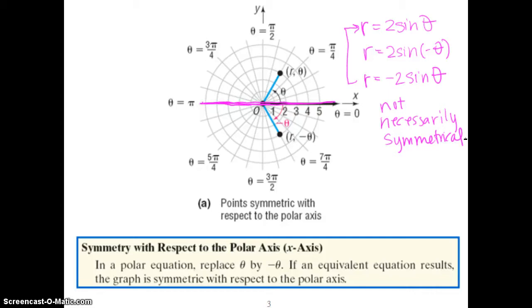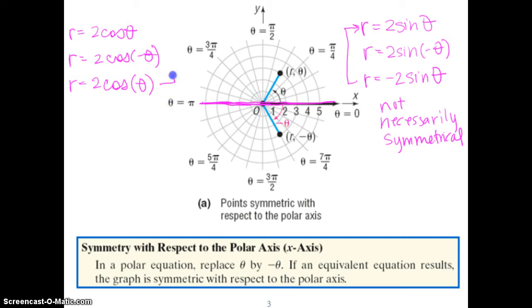Now, with that same idea in place, let's do r equals 2 cosine theta. If we do r equals 2 cosine theta, we see r equals 2 cosine negative theta. Because cosine is an even function, we know that the cosine of negative theta is the same thing as the cosine of positive theta. So essentially, that's the same thing as r equals 2 cosine positive theta.